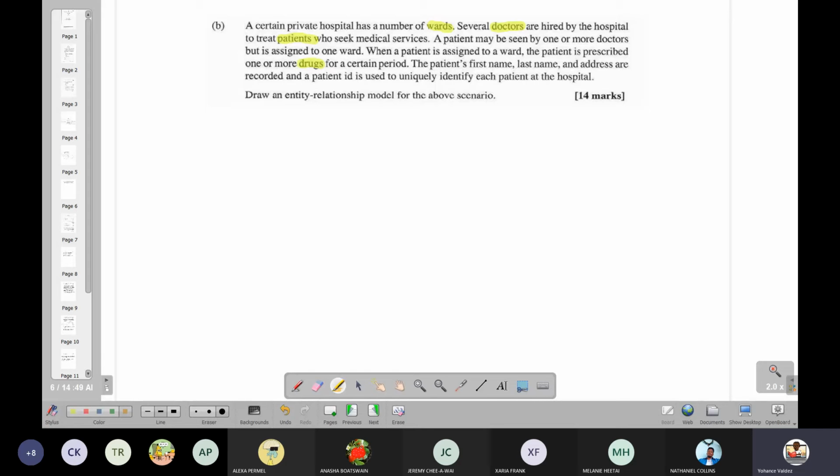Maybe I could change the color here to orange. These things here in orange are attributes that we need to express on the document because they were given to us. So now we can start to draw information, right? And we start off with, of course, we could start off with the ward, right?